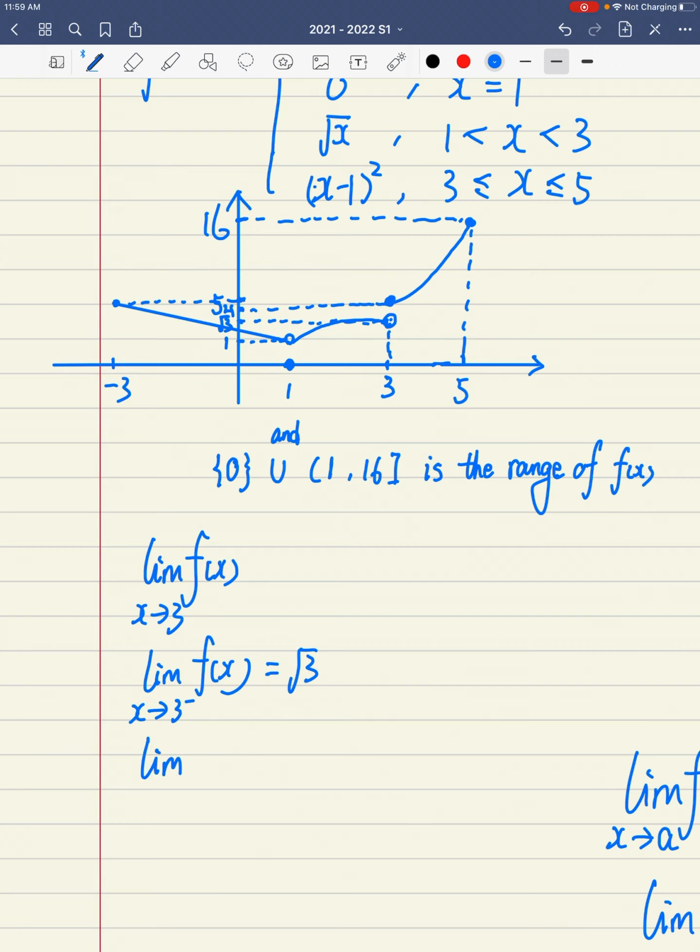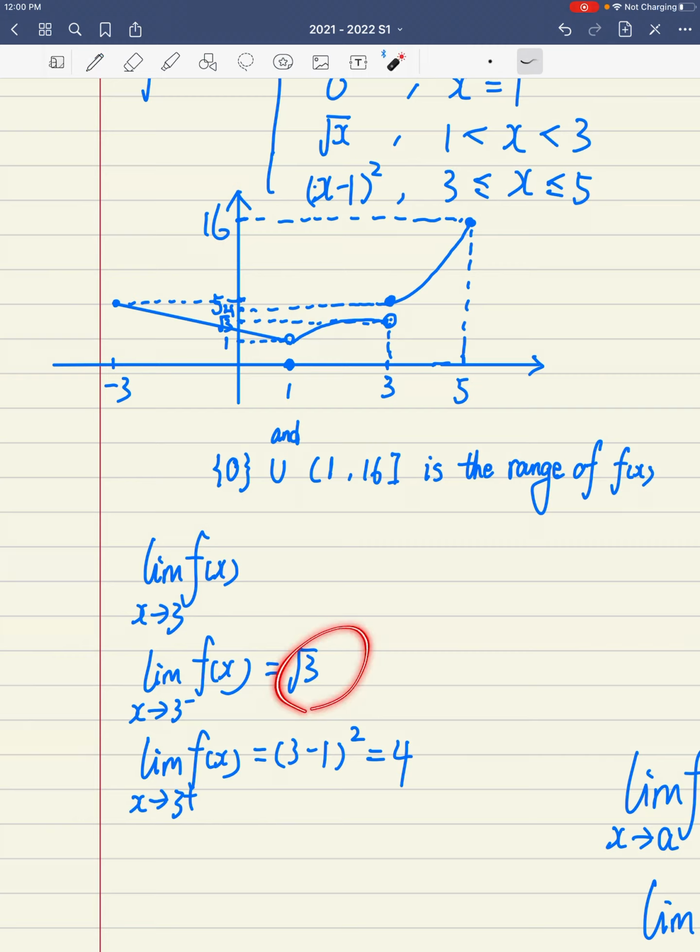And then for the limit from the right, you approach 3 along this curve, which is x minus 1 squared, so it is 3 minus 1 squared, which is 4. So the limit from the left is different from the limit from the right. So what's the conclusion? This limit does not exist.